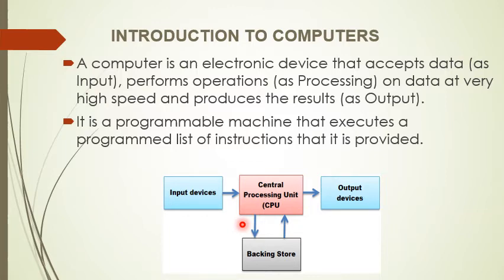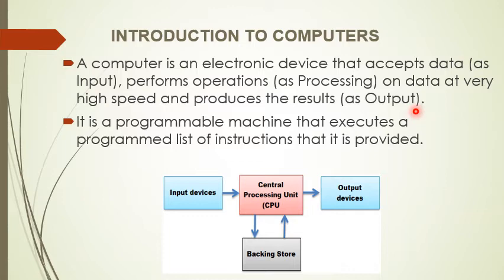And right now computers are so much faster that they do the operation very fast. When the processor performs the operation, it will produce something, and the result is produced. That result is known as what? Output.